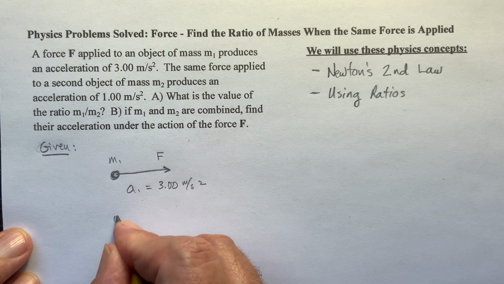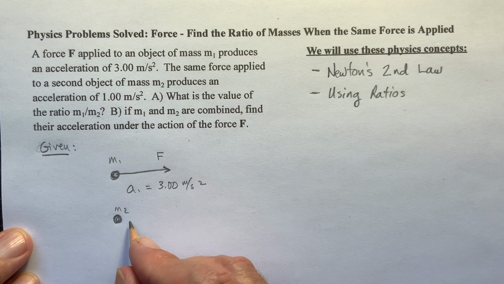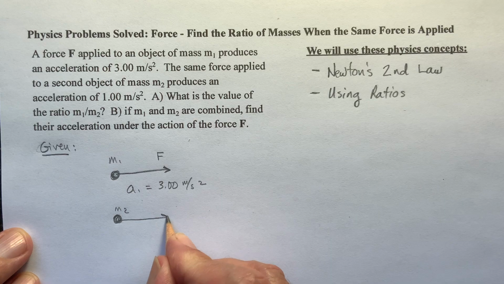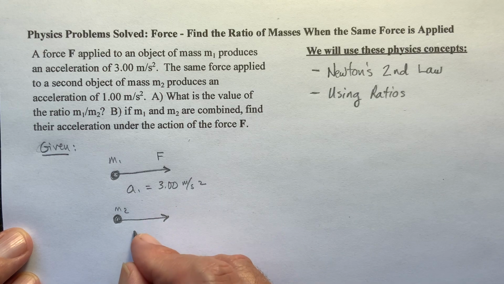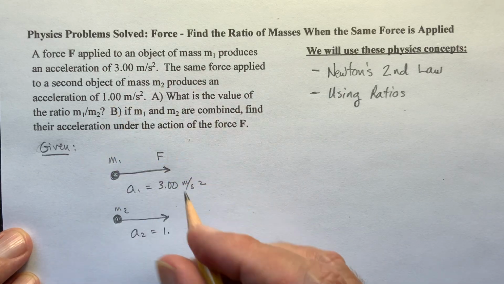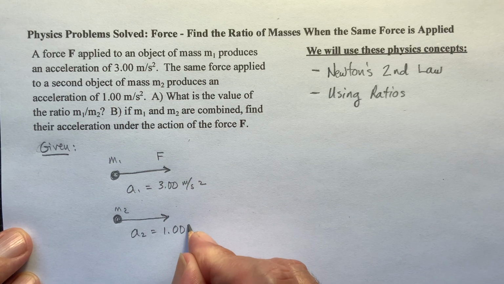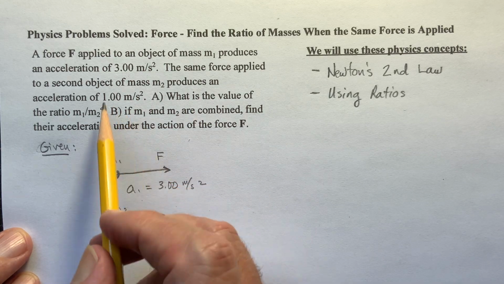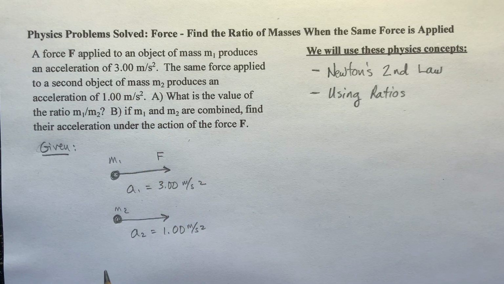Now m2, there's m2, and we're going to apply the same force to it, but we get a much lower acceleration. Just 1 meter per second squared. Looks like we're sticking with 3 significant figures here, so we'll do that.